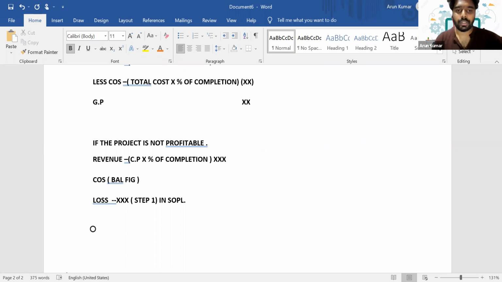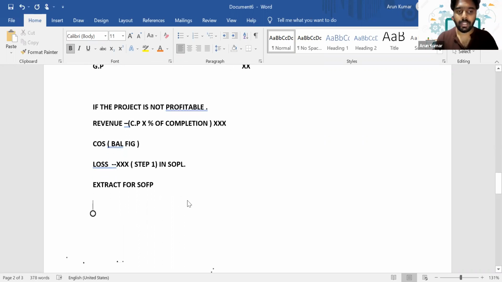Once this extract of SOPL is complete, the next one is the extract for SOFP. When we prepare the extract for SOFP, it will be cost incurred to date, plus profit, or if it is a loss, then we have to deduct it because we cannot charge it to the customer. So cost incurred to date plus profit or minus loss.